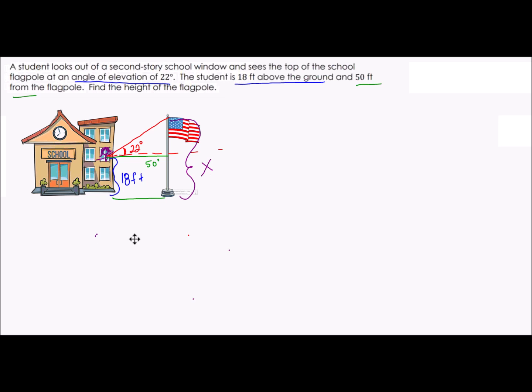Here's the picture that we actually have right now as far as a triangle is concerned. This is our right angle. This we decided was 22. This is 50. And this distance right here is 18. And here's kind of the ground of everything.